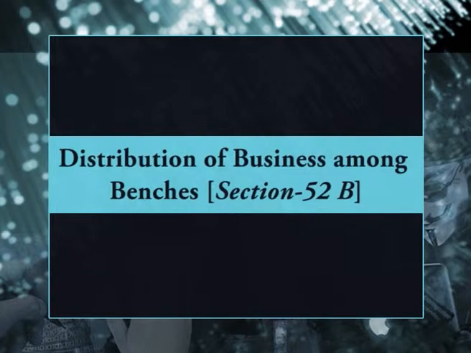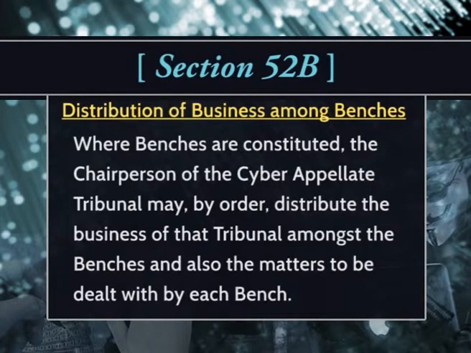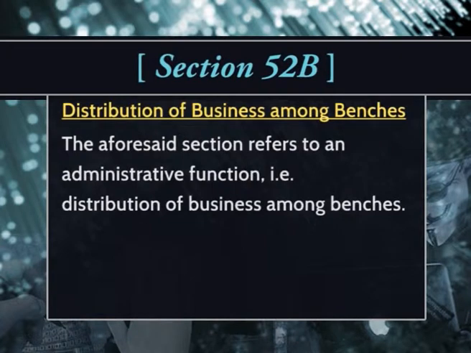Distribution of business among benches is defined in section 52B. Where benches are constituted, the chairperson of Cyber Appellate Tribunal may by order distribute the business of that tribunal among the benches and also the matters to be dealt with by each bench. The aforesaid section refers to an administrative function. There is the distribution of business among benches.